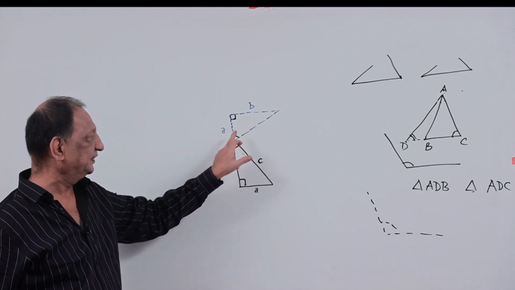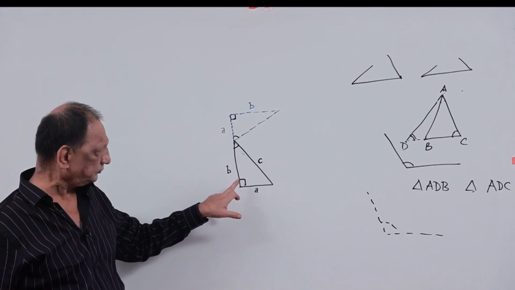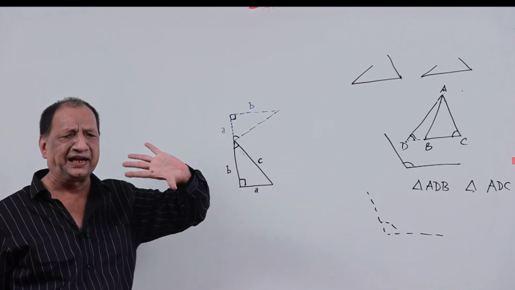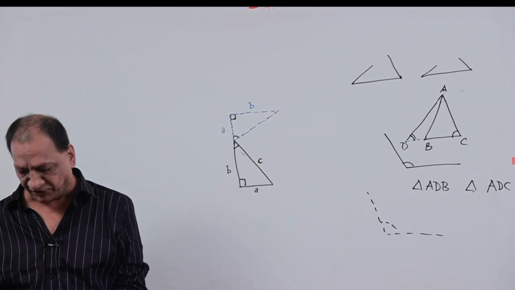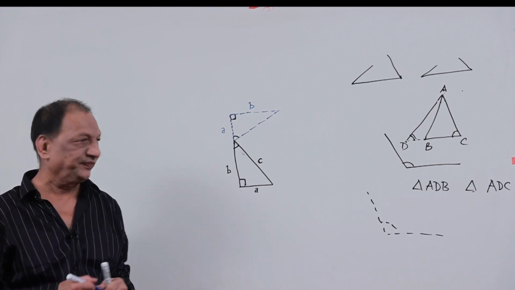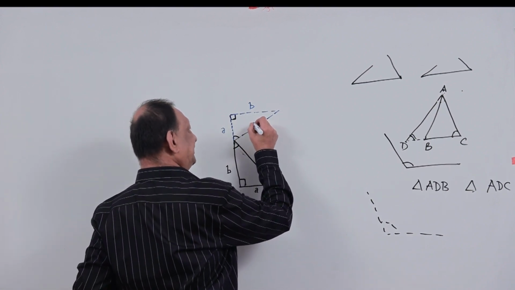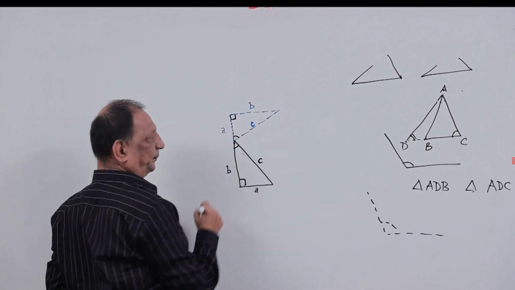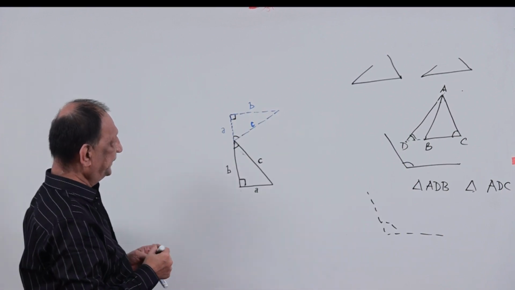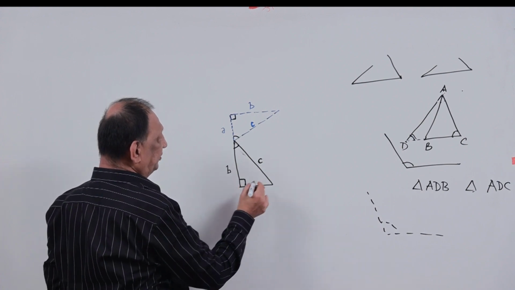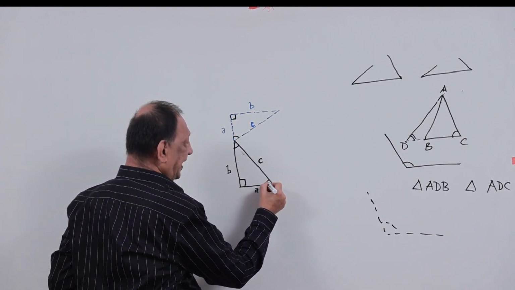So now in this case, these two are congruent because two sides and included angle are same, right? So they are congruent. Therefore, the third side also must be the same, which means this is actually c, right? And now you can see the two angles here.